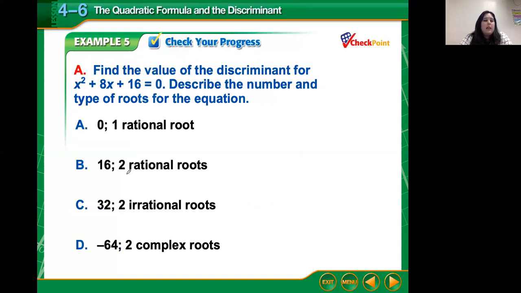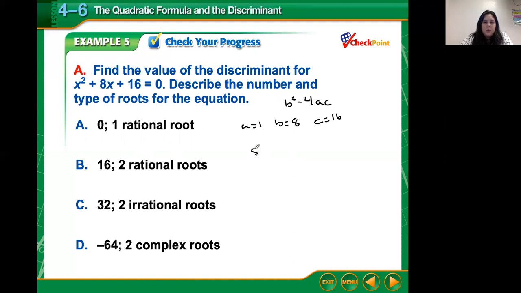So go ahead and identify the number of roots and the type of roots for the equation x squared plus 8x plus 16 by using the discriminant. All right, let's take a look here. So we're going to use again b squared minus 4ac. So we have a is 1, b is 8, and c is 16.